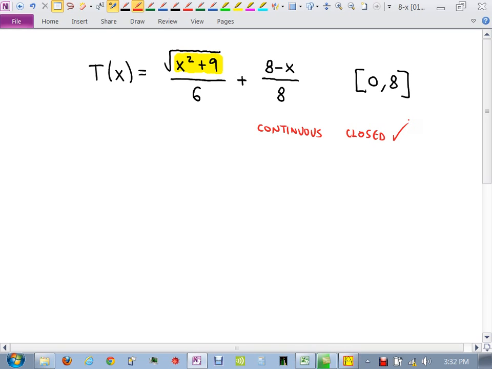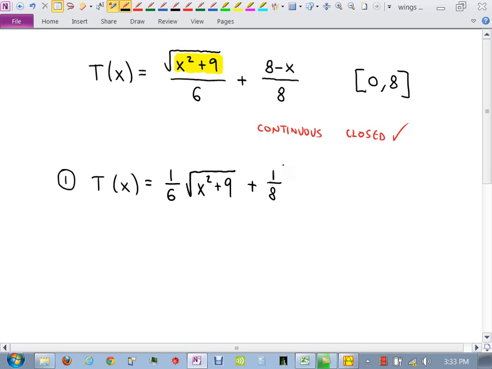Okay. So I'm ready for the first step, which is take the derivative. So I'm going to use t prime of x instead. Ooh, okay. Well, you know what? Let me get rid of the prime. Let me rewrite the function. How about 1/6 square root x squared plus 9 plus 1/8, or how about we split that second fraction into 2 pieces?